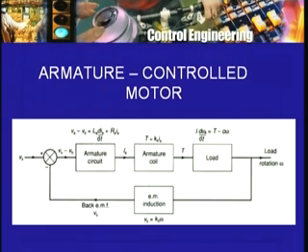If the field current can also be changed through some arrangement, instead of the armature applied voltage being changed, then one refers to it as a field controlled motor or field control of the speed of the motor or of the drive. So at the moment we are looking at armature controlled drive.